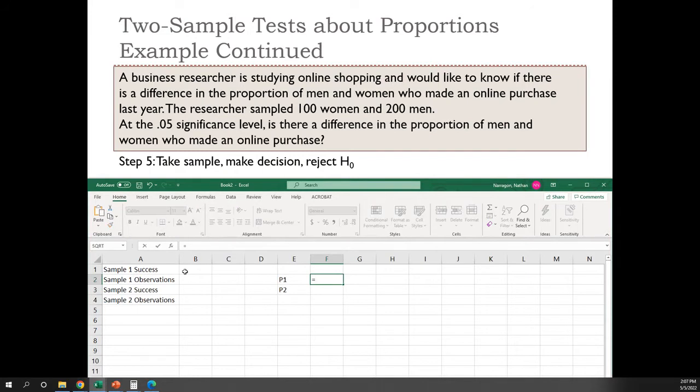So this is going to equal this box, successes, divided by observations. And this is going to equal sample 2 divided by observations. Notice I'm building the formulas already in, so once I put in the numbers, it's going to calculate.